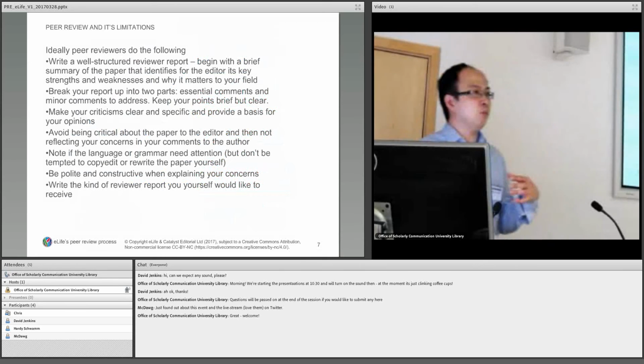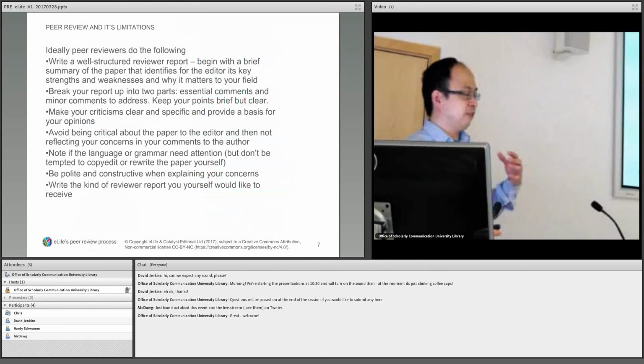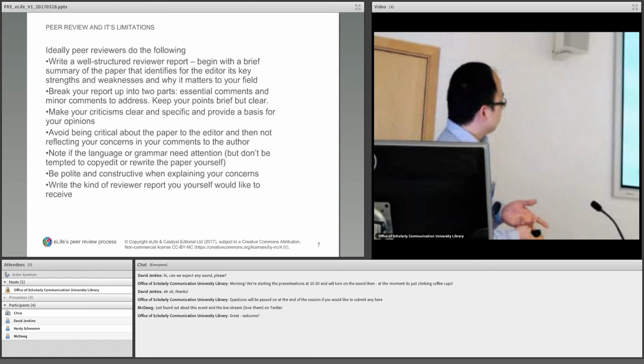So what are the ideal behaviors we want from reviewers? We want them to provide a well-structured review. This would, for example, involve providing a summary, summarizing the main concerns, and also addressing the minor points.